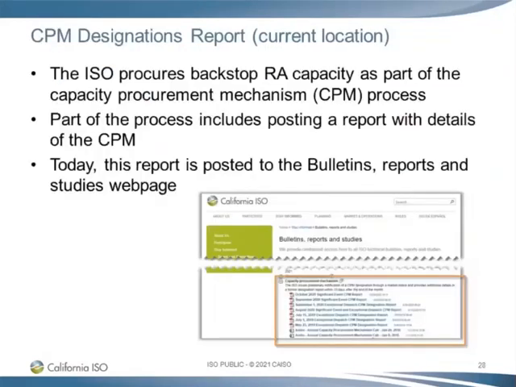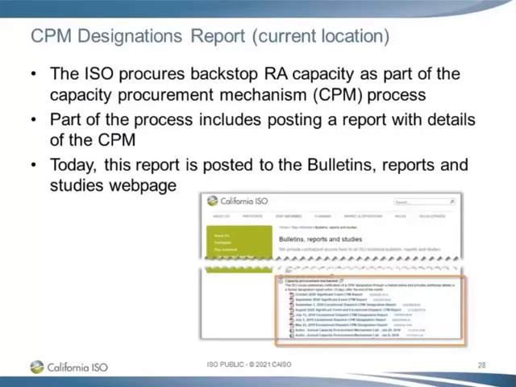The next report that I wanted to talk about that's moving to Oasis relates to the CPM designations. For some background here, the ISO has the ability to procure backstop RA capacity as part of the capacity procurement mechanism, or CPM, process.